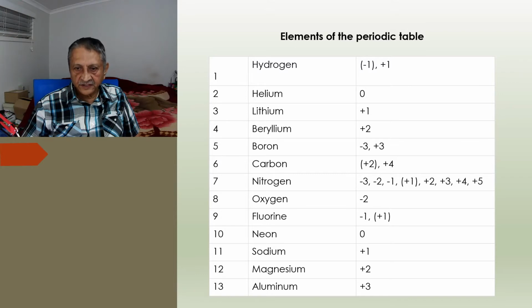And nitrogen has got multiple numbers depending on how it is present in the system. Oxygen has got two electrons. Fluorine has got one electron and one proton. Neon has got zero, as I said before.